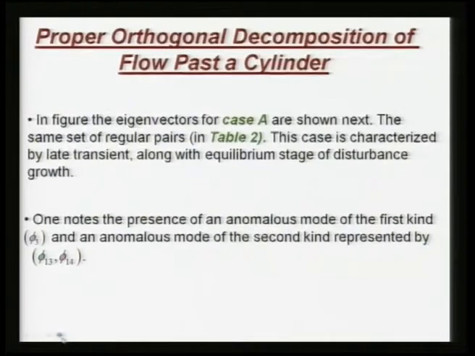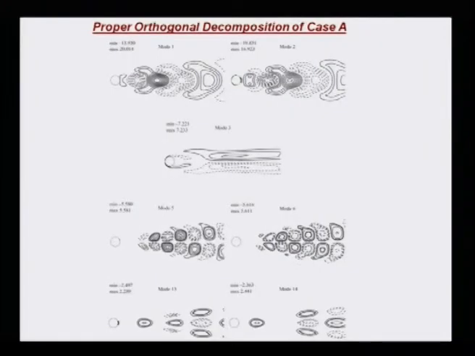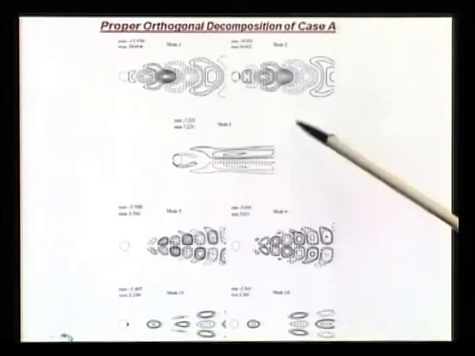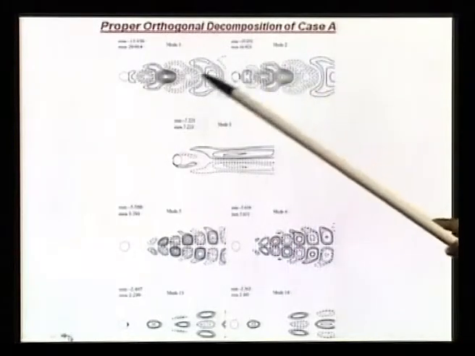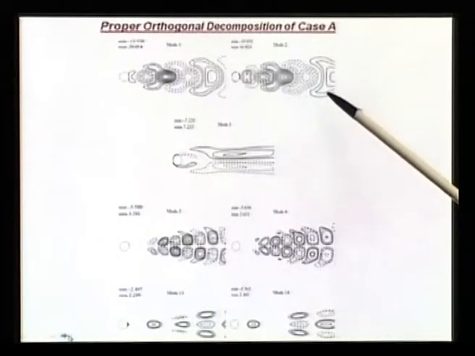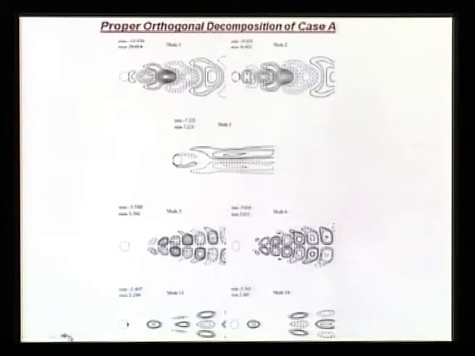Okay. Now, this is another picture of what we have done for case A. What was case A? Case A was for 200 to 430, right? So what you are seeing here, again, the leading eigenfunctions form a pair. This is your shift mode, and the 5th and 6th again are a regular pair, and then there is nothing in there.